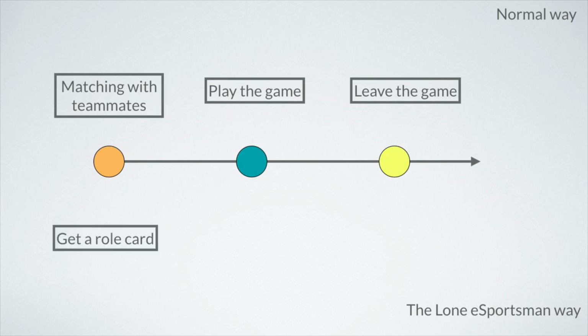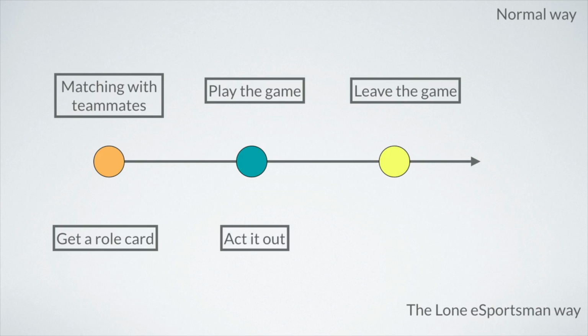By contrast, here's how it works when you play the esports game in the Known eSportsman way. We don't really change the game flow mentioned, but we add another layer on top of it. So after you match with your teammates, each of you will be assigned a role by a role card.